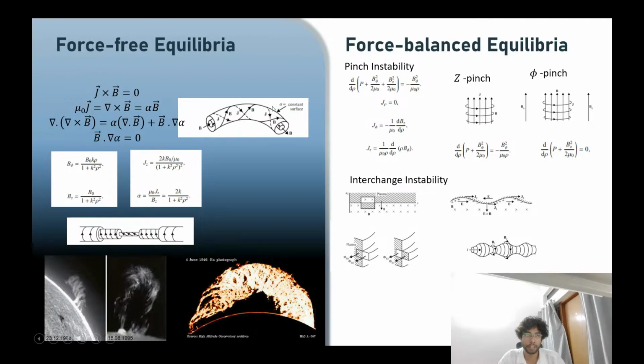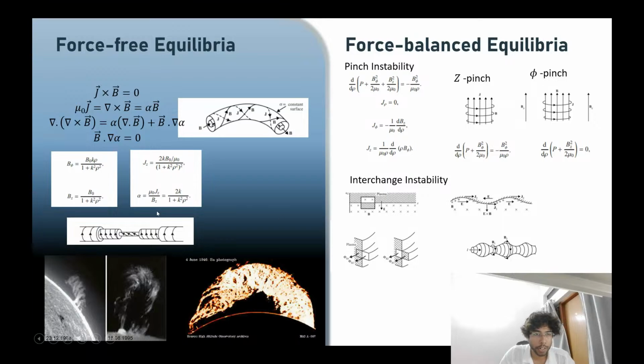If we have a constant alpha surface, where alpha is, as I said, any scalar function determined by this relation between J and B, then along that surface, the magnetic field will lie.